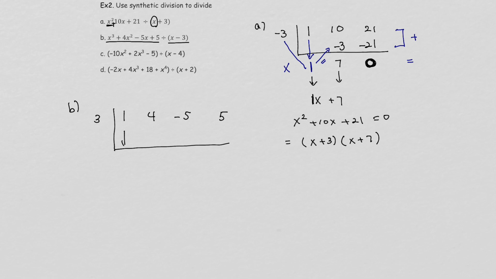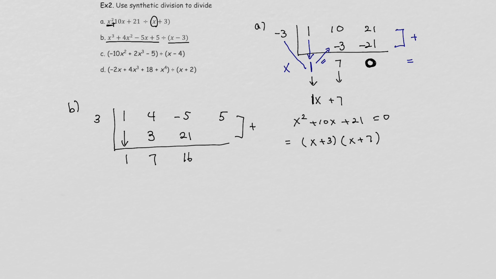Remember, you always bring down the first number straight down, and this 3 times 1, you're going to write it here. So that's going to be 3. And you add these two lines, so you will get 7. 3 times 7 is 21. Add these two lines will be 16.